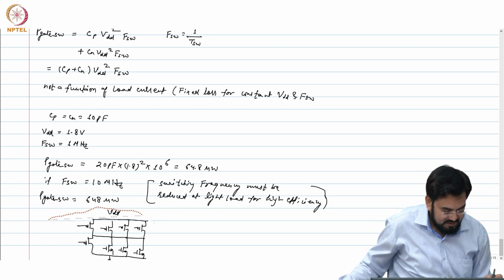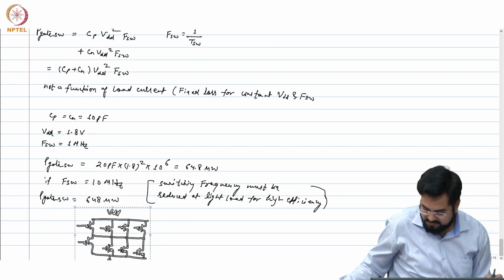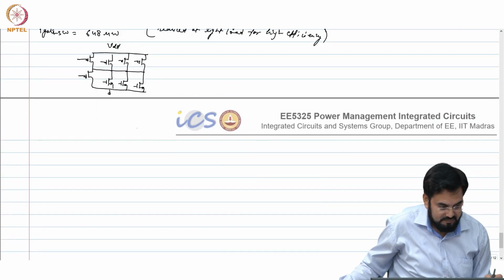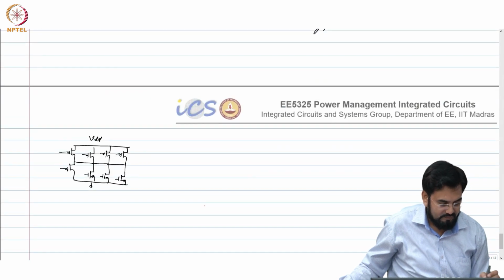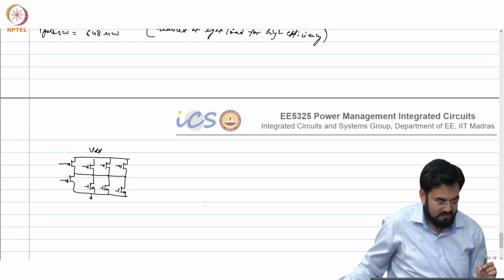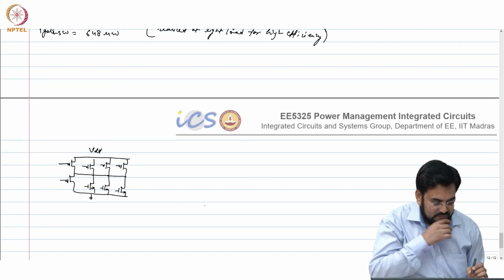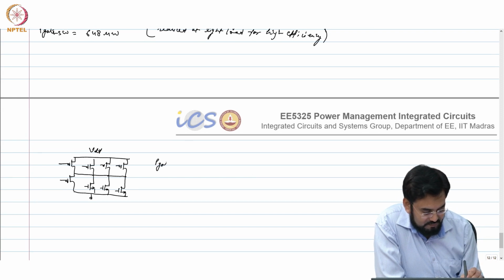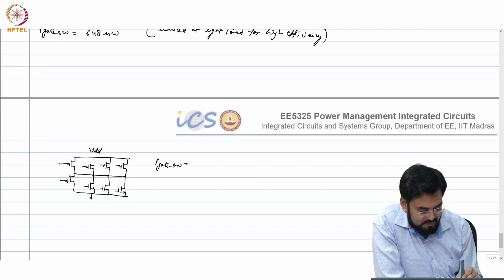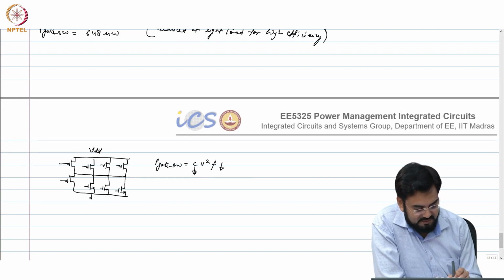Let's move this graph to the next page. Okay. Reduce F or reduce the FET size.